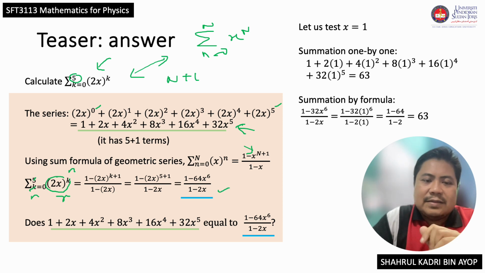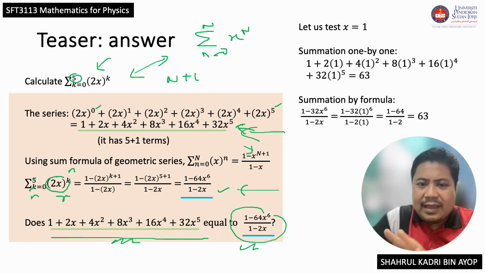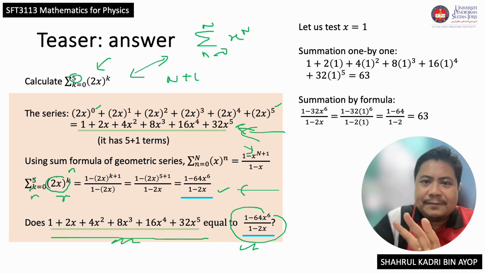Okay, so the question is: is this equal to this? It seems that this has 6 terms, but by using the formula we get this. So are they the same or not? To test this, we let x equal to 1.